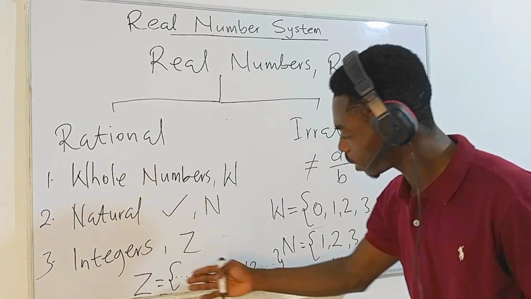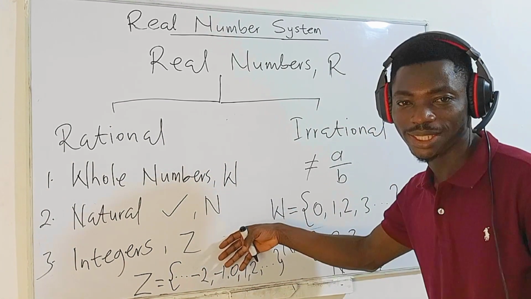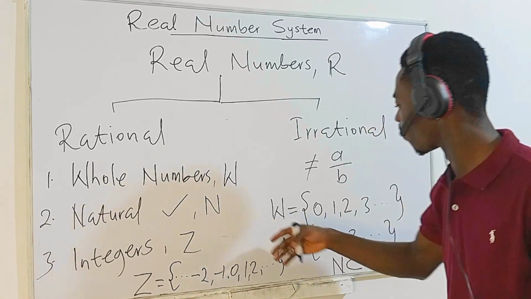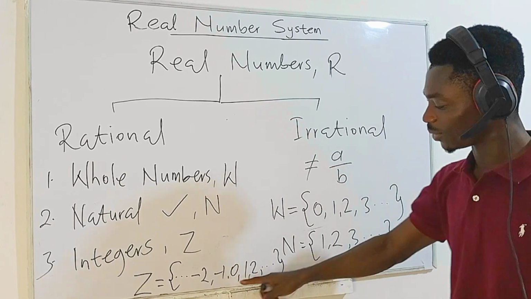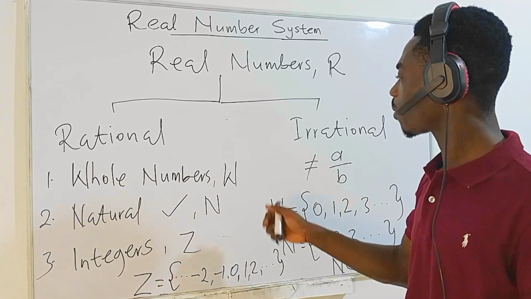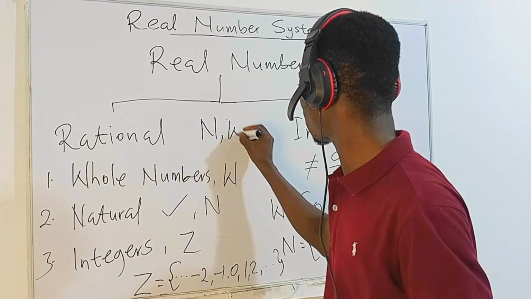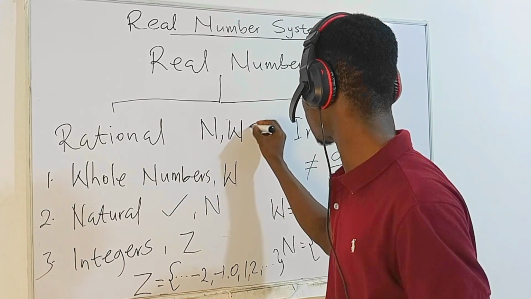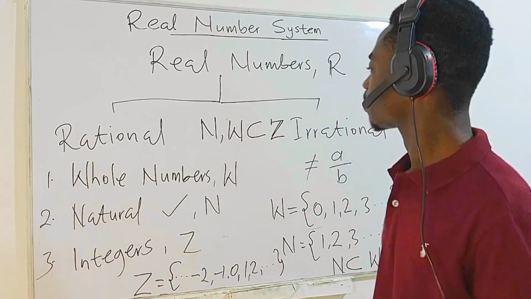If we take a close look at the set of integers, we can clearly see that the elements are made up of both positive and negative whole numbers, including 0. So we can also write this: natural numbers and whole numbers are subsets of integers.